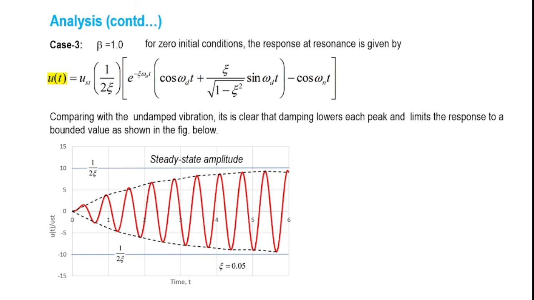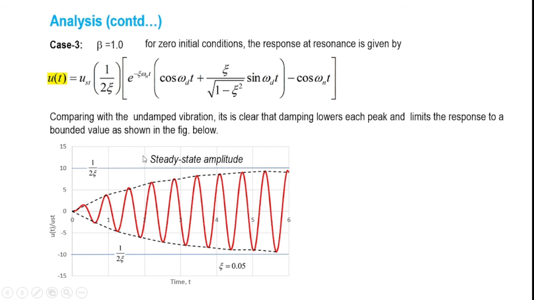After some cycles of motion, the amplitude should get contained to a limiting value, and this limiting value is nothing but 1 divided by 2 zeta, as already given over here. So for example, for a damping ratio zeta equal to 0.05, this limiting value or the steady state amplitude is 1 divided by 2 into zeta, which means that this is 10.